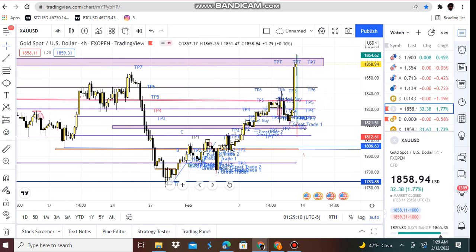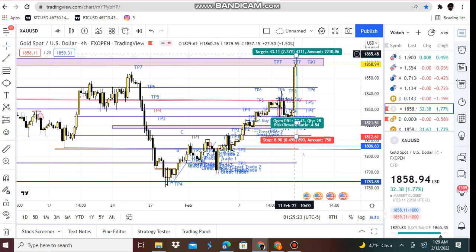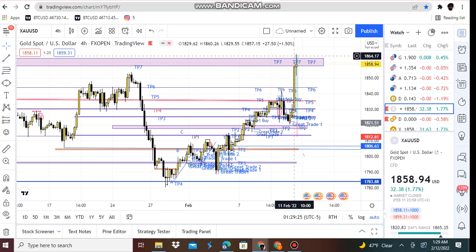As we scroll in, I just want to show you that price made a higher high past this previous high, all the way up to take profit 7. And this is the first time we've been up to take profit 7, February 11th, 2022. We see a push all the way to take profit 7.